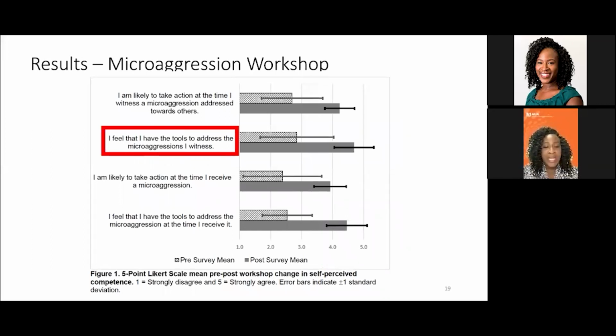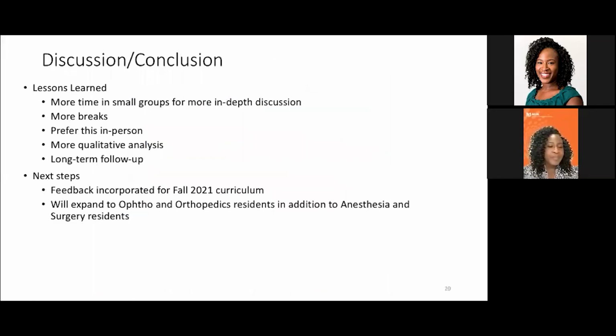So again, this really was focused on giving the residents the ability to feel like they had some form of skill acquisition in this space to help promote, again, the feeling of being welcome, the feeling of being supported within our residency program.